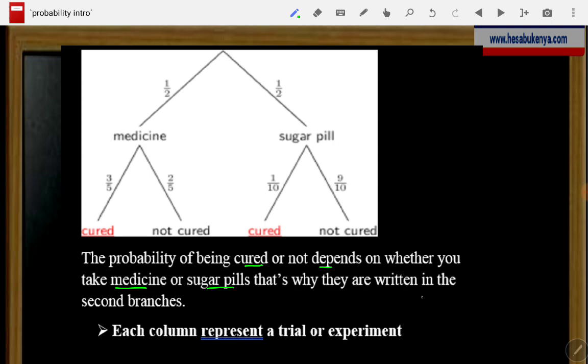That's why they are written in second branches. So we start with the sugar pill and the medicine, and then the cured or not cured comes after that.